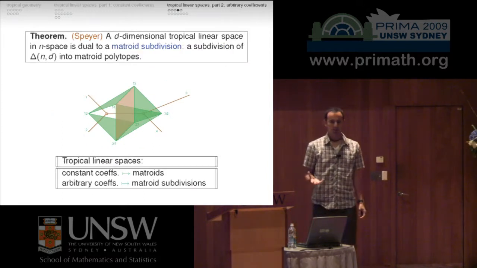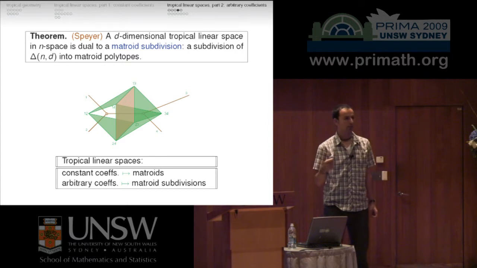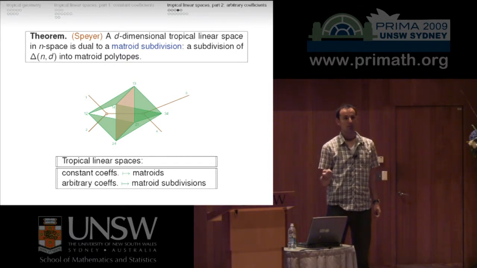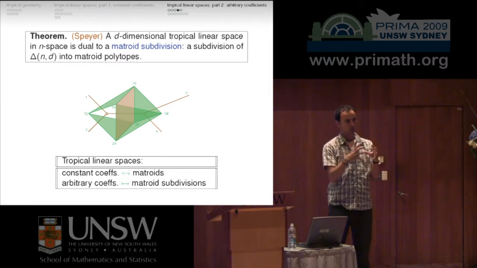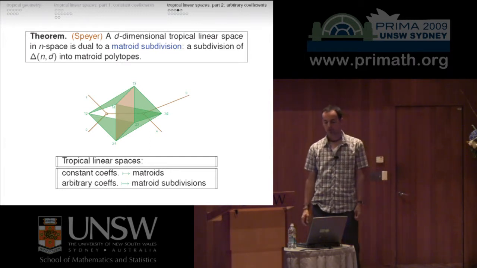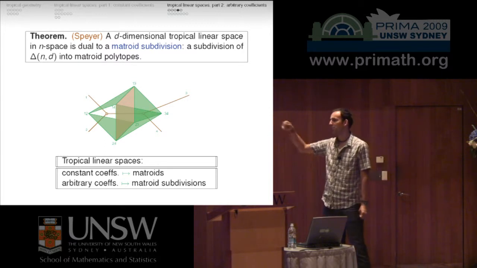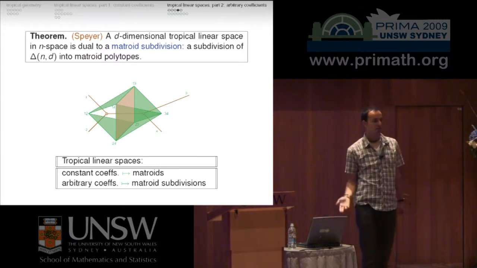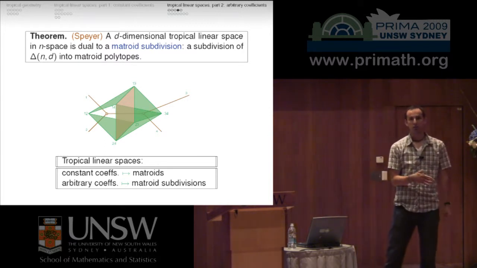The main theorem is that if you want to study a tropical linear space with arbitrary coefficients, then these objects are basically in correspondence with the ways of taking a matroid polytope and subdividing it into smaller matroid polytopes. This little table summarizes it. If you want to understand the constant coefficient case, you go to matroid theory.